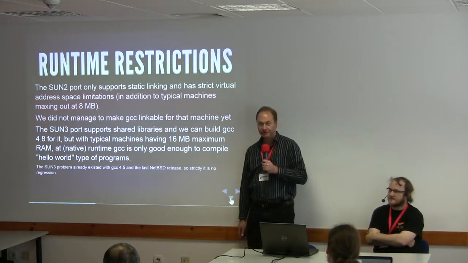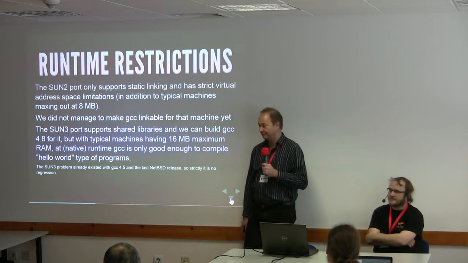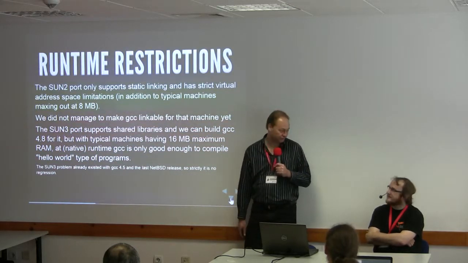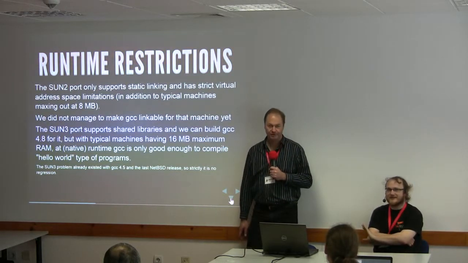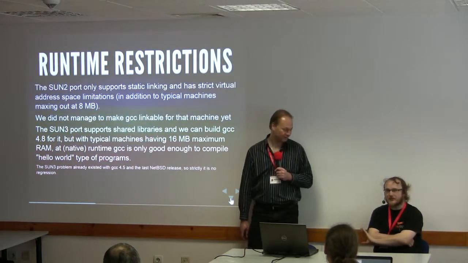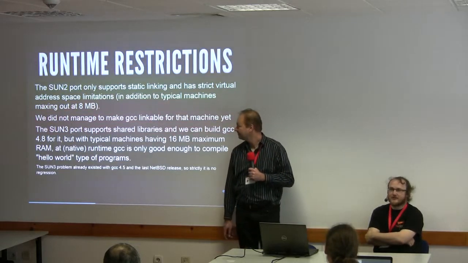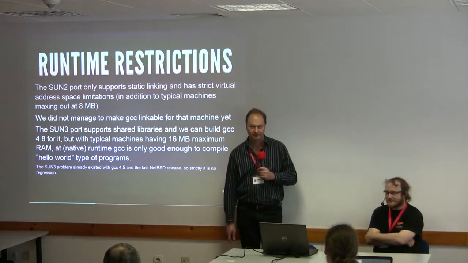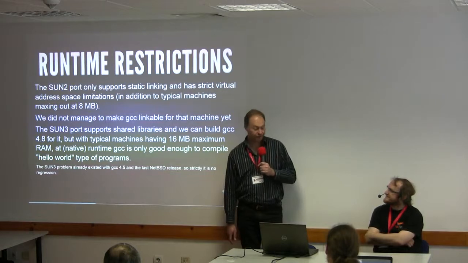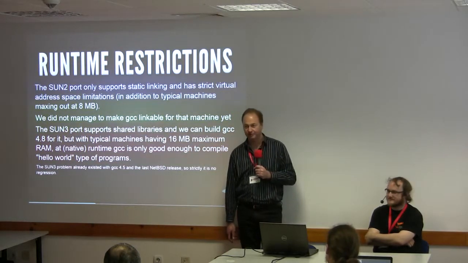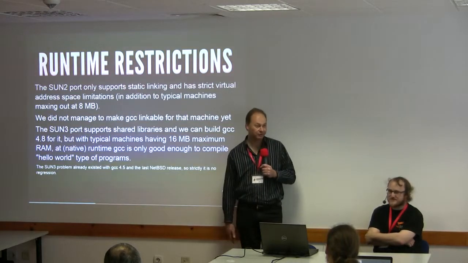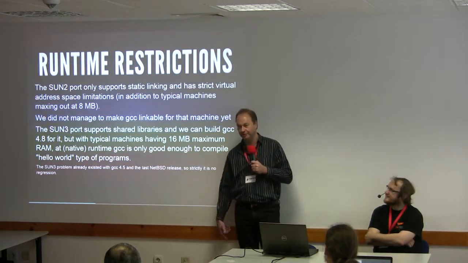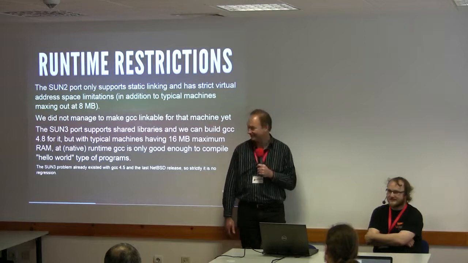And so we don't manage to build a modern GCC, even to the link editor stage, because it's just too big. They have a virtual address space limit of 16 megabytes, which is way too small to fit GCC inside. Actually, we had to fix the VAX port because we could not execute the GCC we built for it. We cross-compiled it and we could not execute it natively. We had to fix the kernel to allow bigger binaries.